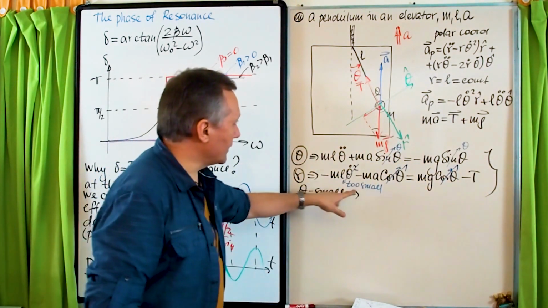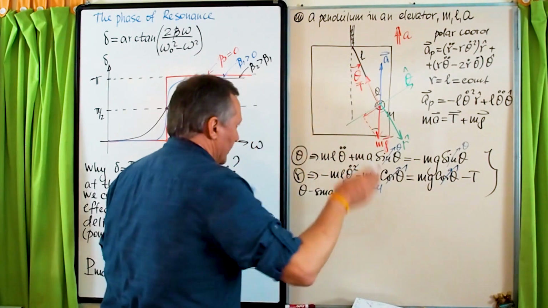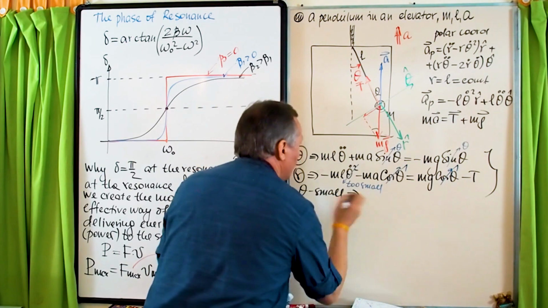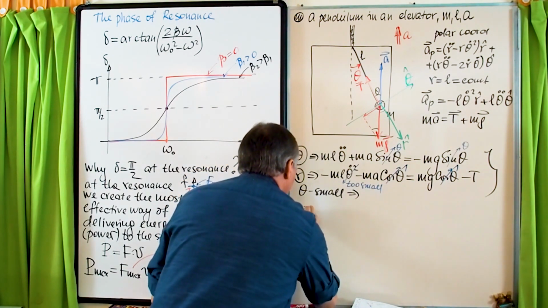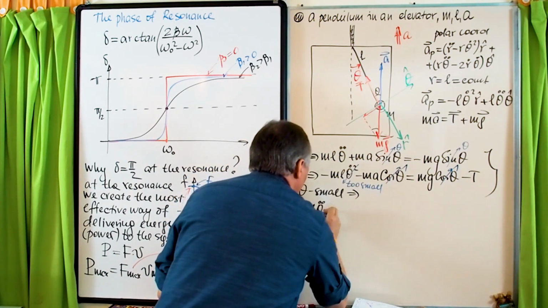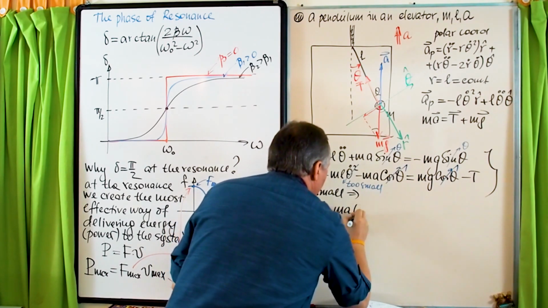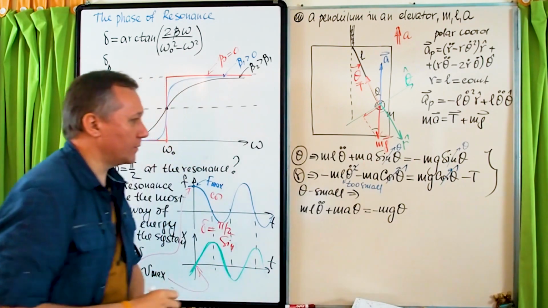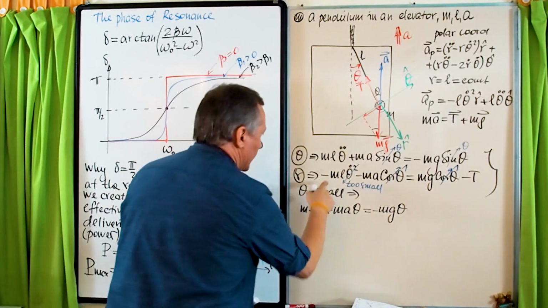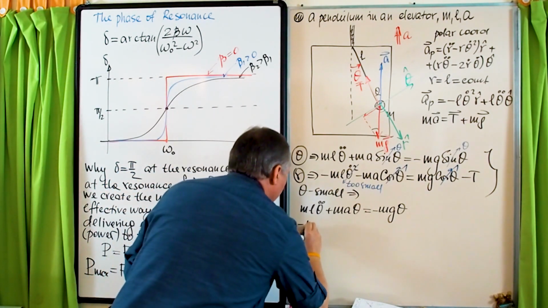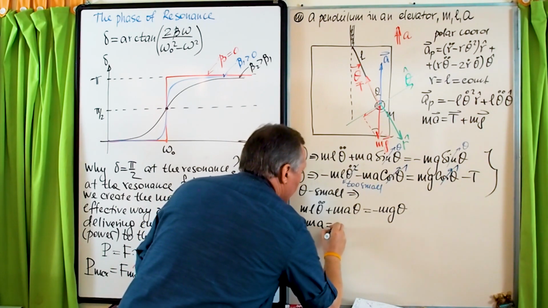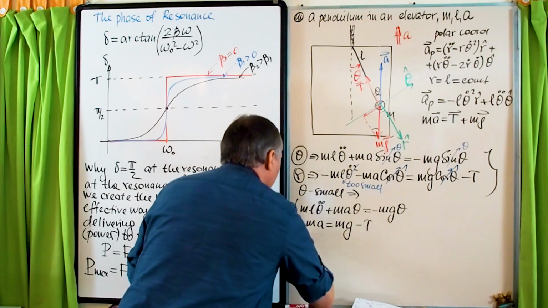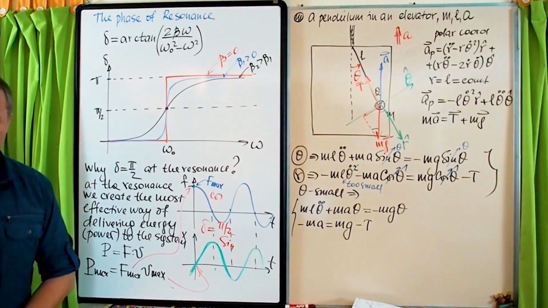So from the second equation, let me rewrite it first. It will be ml theta double dot plus ma theta equals minus mg theta, first equation, all right? And this goes minus ma equals mg minus T. So the system gets reduced to this.